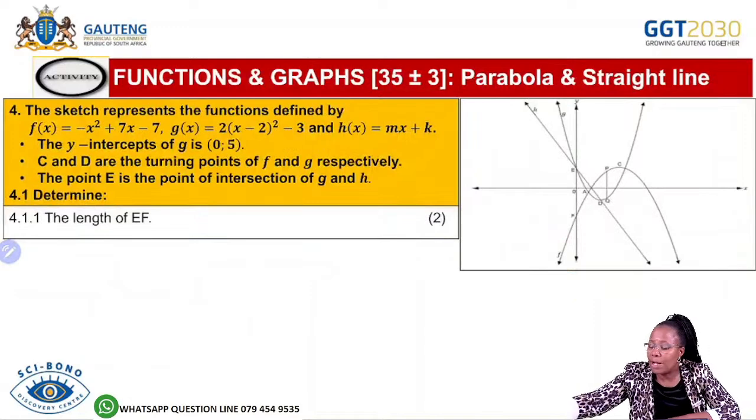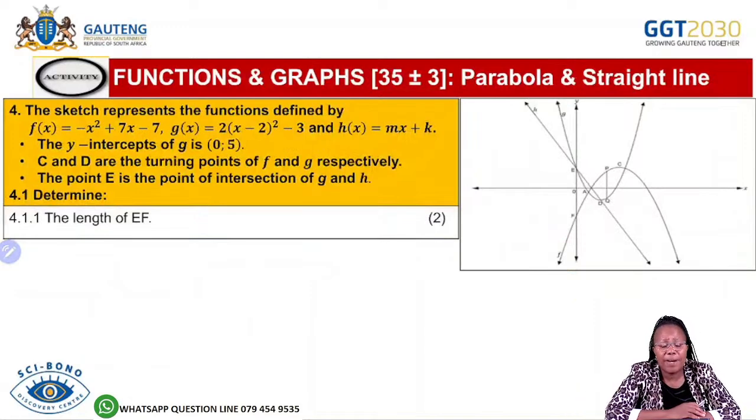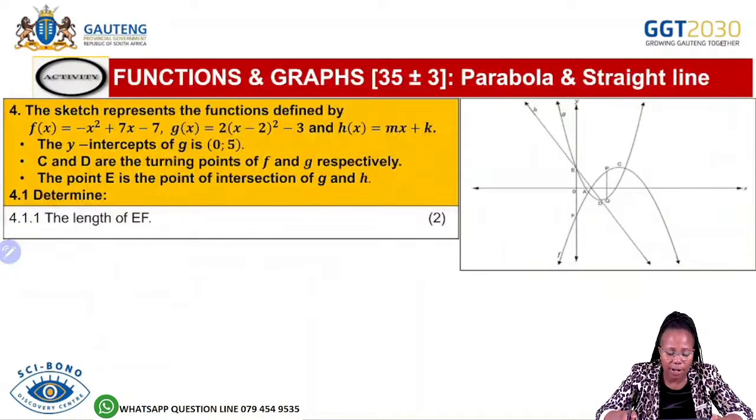we look at our functions and graphs now. With functions and graphs, remember you have a straight line, you have a parabola, you have an exponential, and a hyperbola. You also have a circle, and semicircles, positive and negative, so the circle is also part of your graph content. Now let's look at number 4. The sketch represents the function defined by f(x) = minus x squared plus 7x.